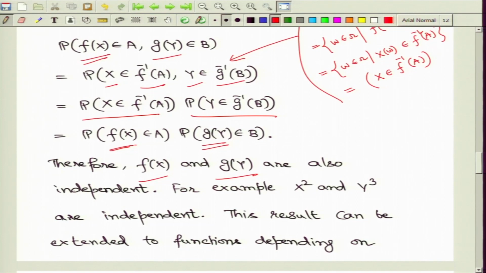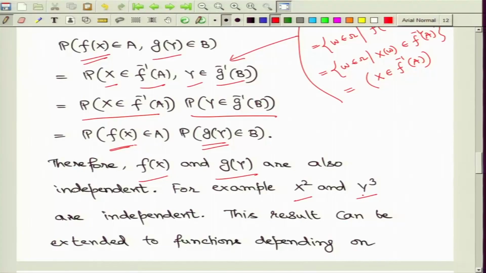As a consequence, we can choose some nice Borel measurable functions f and g and obtain new independent random variables. In particular, if you look at the square functions or the cubic functions, and given that x and y are independent, what we will get is that x square and y cube are independent of each other. We could have also chosen x square and y square and concluded that they are also independent.